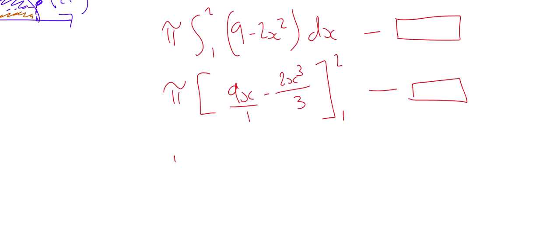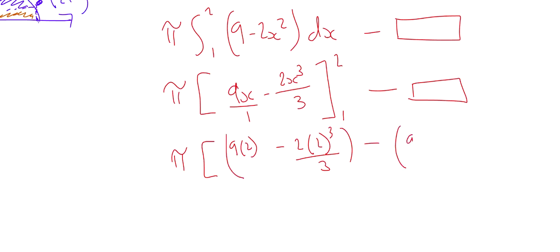Okay, so let's put in our numbers. We've got 9 and 2. Okay, why am I putting 1? That's irrelevant. Okay, so 9 times 2 minus 2, 2 cubed over 3. And then I need to subtract 9 times 1 minus 2 times 1 cubed over 3. And then I have my pi outside still.